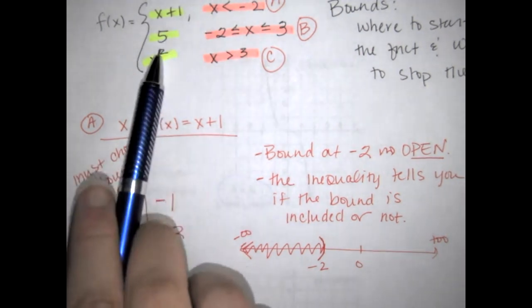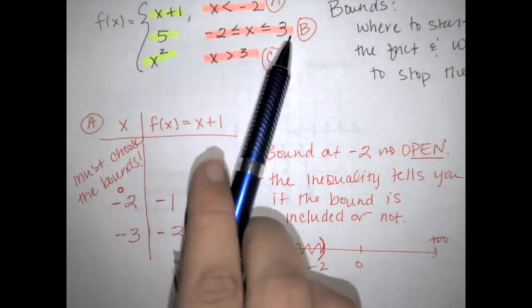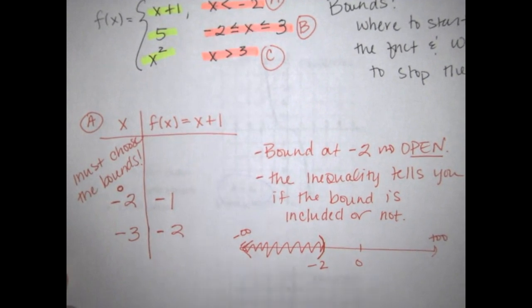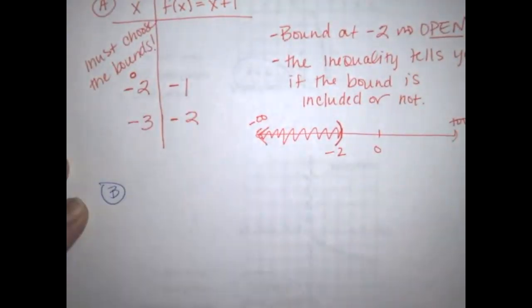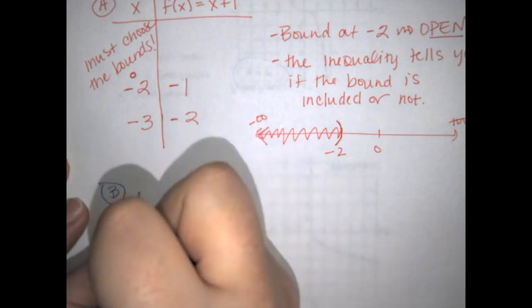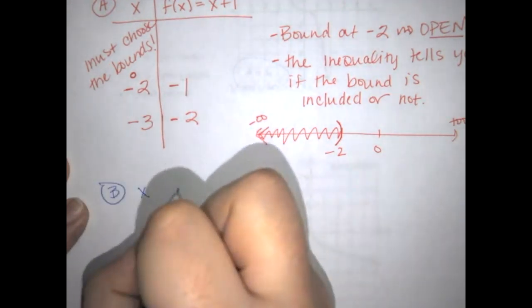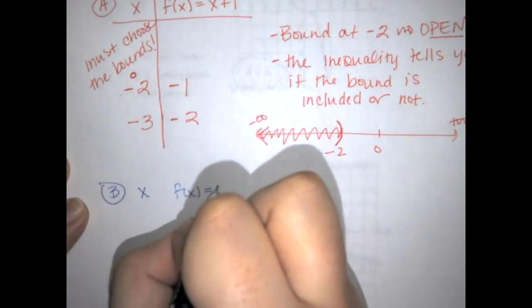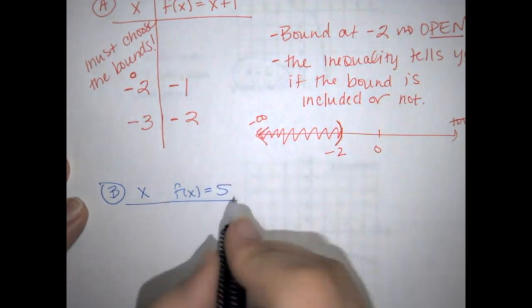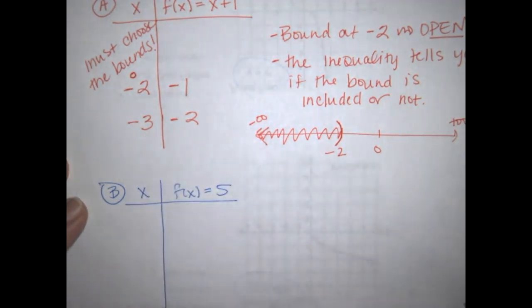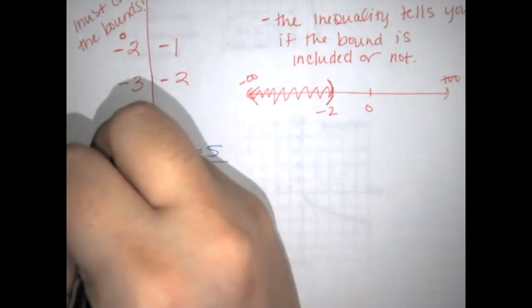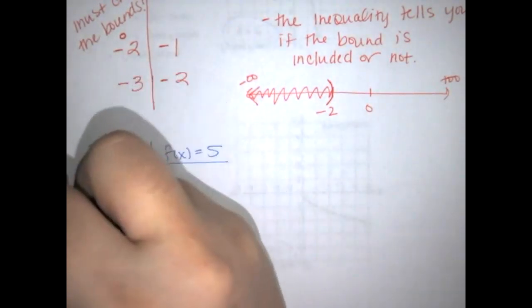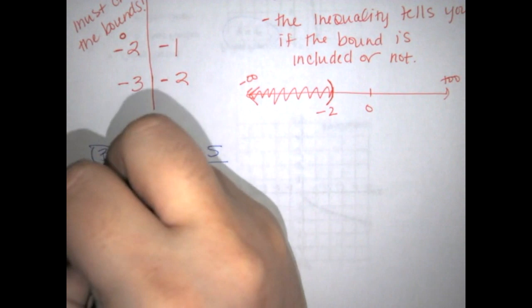Now the second part, we have 5, and then we have these bounds. So now we're going to look at part B, because notice I have not graphed yet. And part B says I'm going to choose x when f of x is 5. Again, in order to do this, you have to choose the bounds.